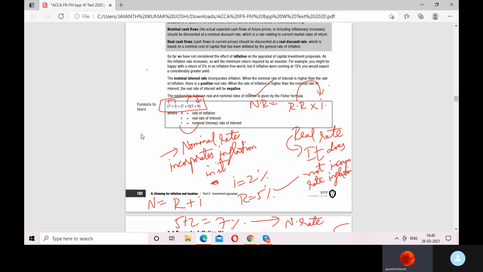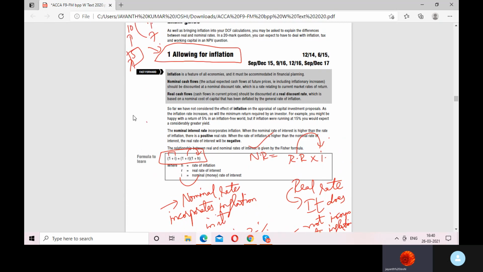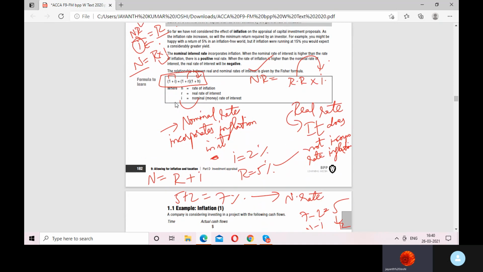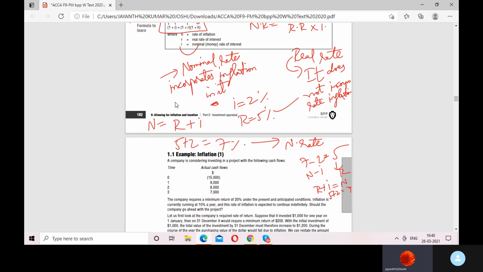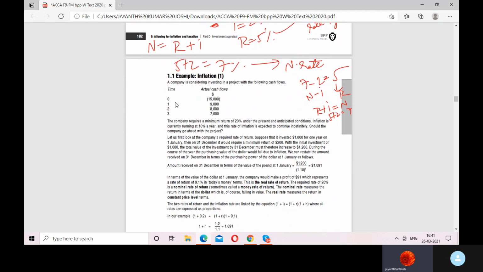So nominal rate divided by inflation is real rate: if you discount nominal rate with inflation you get real rate. If you compound real rate with inflation you get nominal rate. Here we are compounding inflation and getting nominal rate; here we are discounting inflation and getting real rate. I have given this to understand the concept easily.